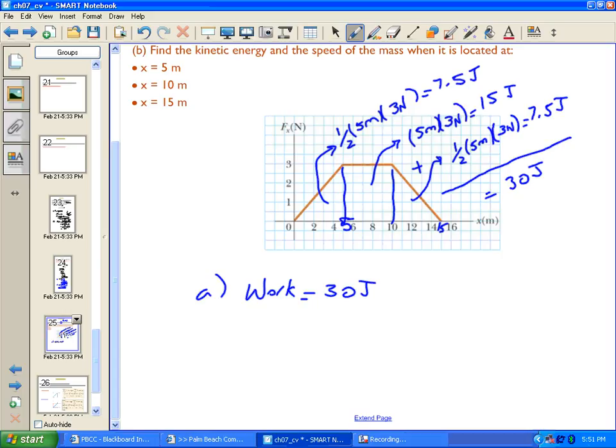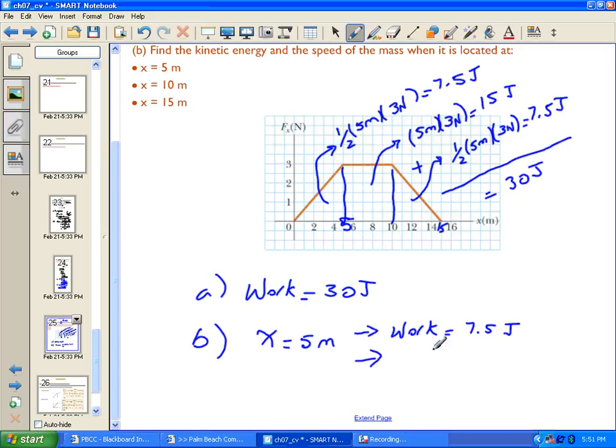Now, the next part of the problem asks us to determine the kinetic energy and the speed of the mass when it's located at those three positions. Let's see. When it arrives at x equals 5 meters, we know from our determination earlier that work was equal to 7.5 joules.